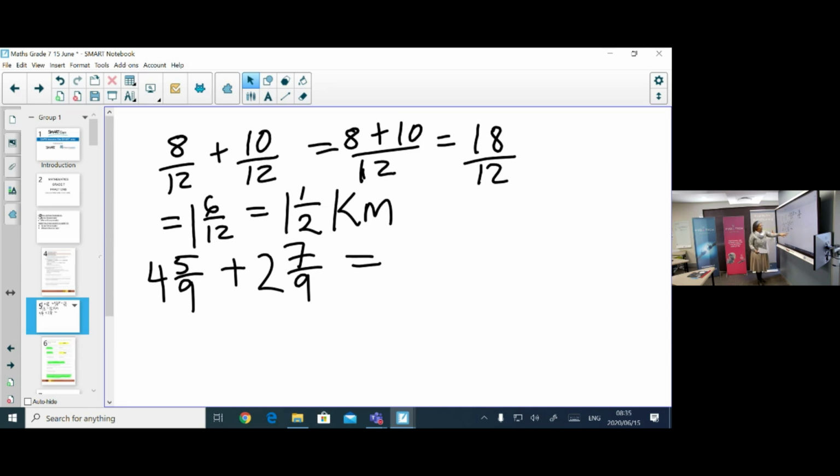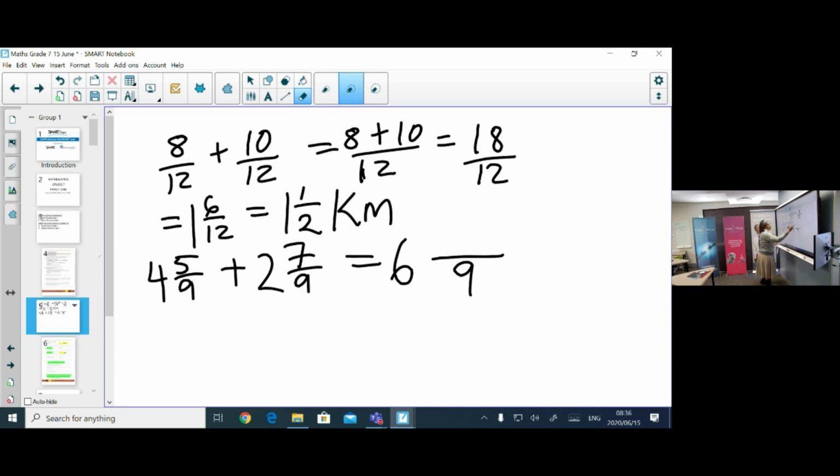So the second one is a mixed number, but the denominators there are the same. So here we are going to get 4 plus 2, 6. And then the fractions, we have over 9, same denominator.